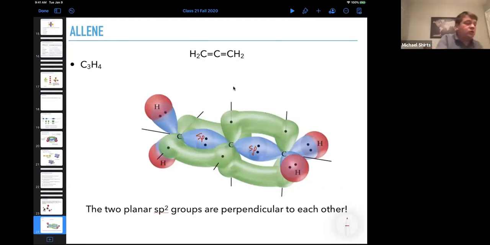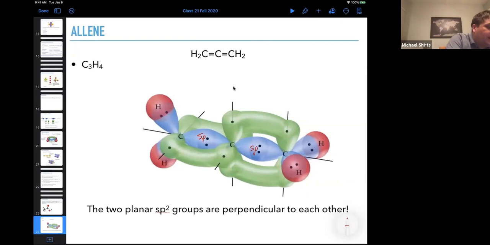So you have an sp2-sp bond on each side. Then this carbon is only free to interact with px, and this one is only free to interact with py.